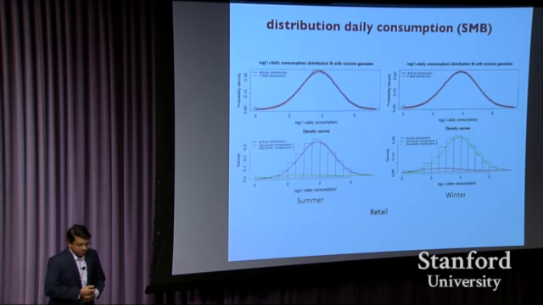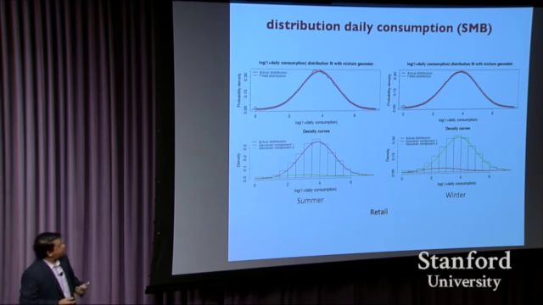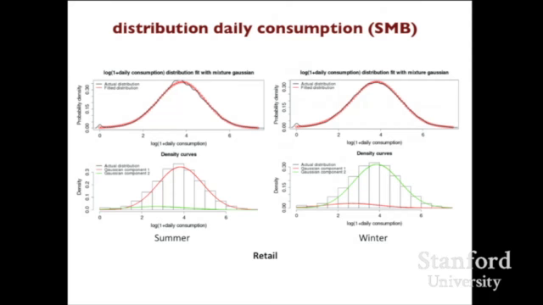So we repeated the same idea for SMBs per type of business, and we again saw the same thing. Maybe the mean and the variances are different, but still a single log normal distribution. That was the basis to say customers are homogeneous on their total consumption, okay? So up to now, in utilities and contract design, that has been the assumption.